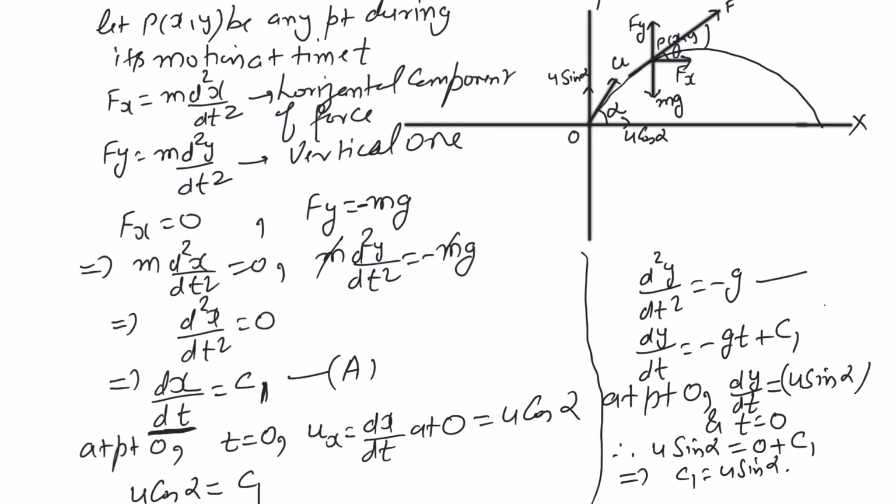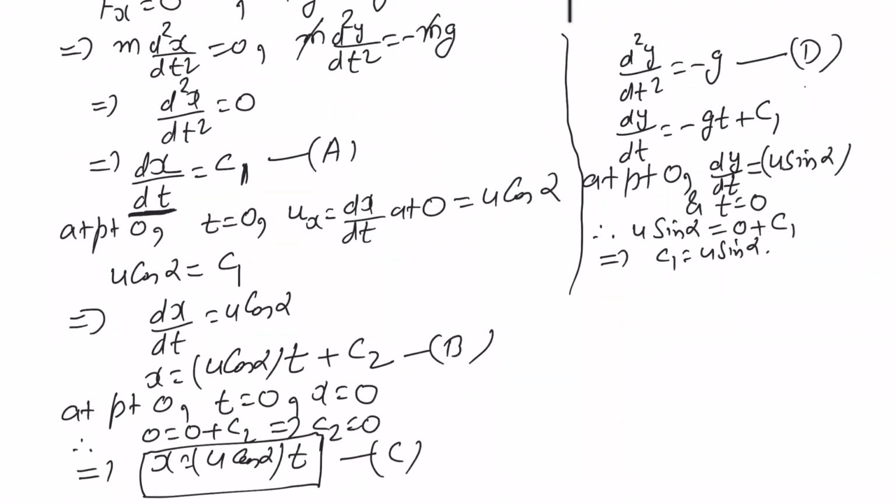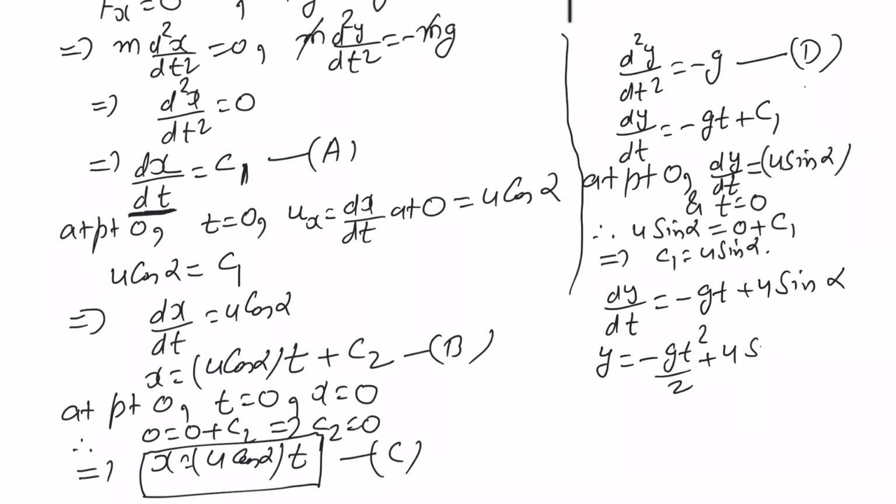Using this in equation D, we get dy/dt is equal to minus gt plus u sin alpha. Now again integrating with respect to t, y equals minus gt²/2 plus u sin alpha t plus c2.